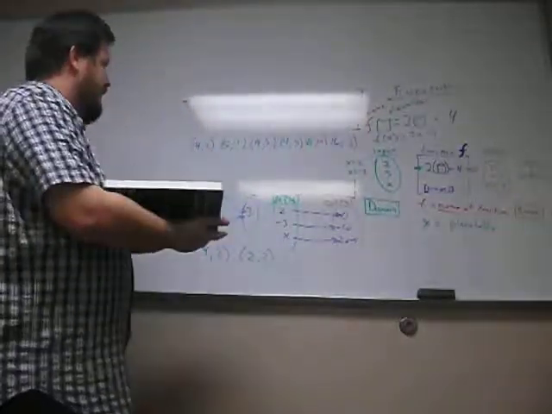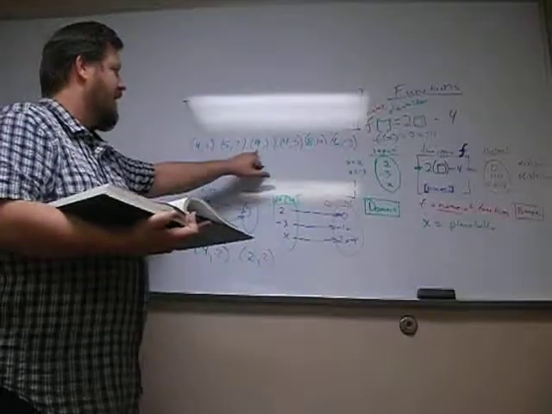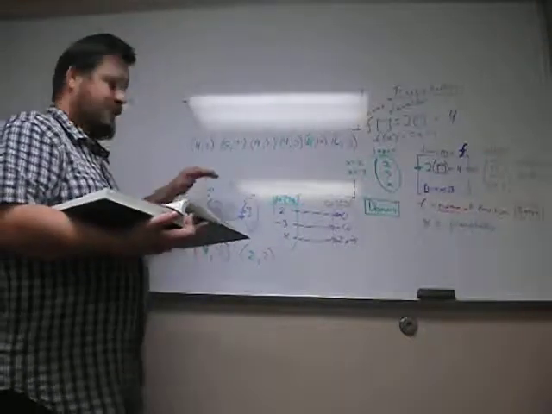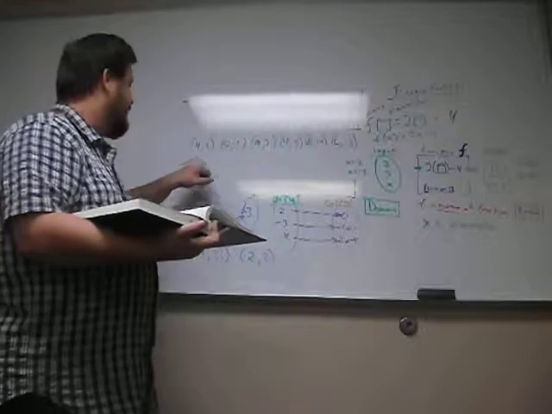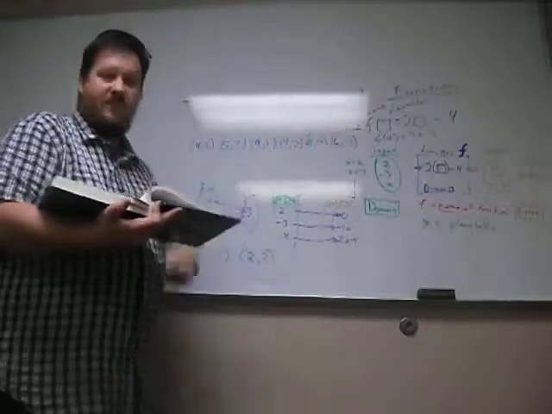You may notice a couple things. If I plug in a 4, I get a 3. If I plug in a 9, I get a 3. That's okay. It can still be a function even if it does that. What's not okay is to plug in a 4 and get a 3, or plug in a 4 and maybe get a negative 5.